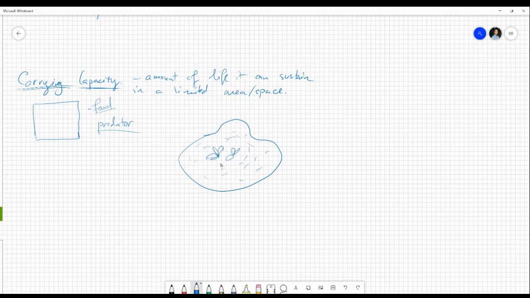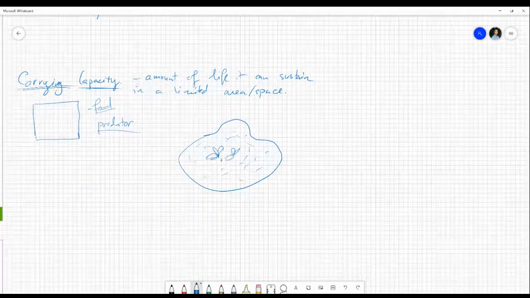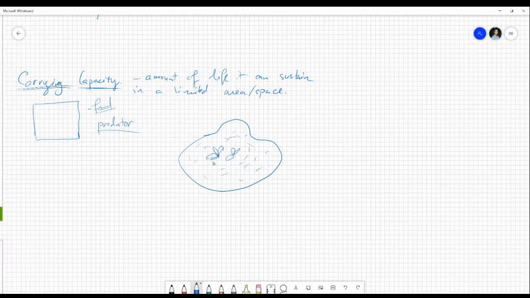So it's going to have all the time in the world to multiply. Now it's going to multiply until it becomes too large, which means that there's not going to be enough food on this island to sustain that number of rabbits. So that means the rabbit is going to go hungry and it's going to die off.